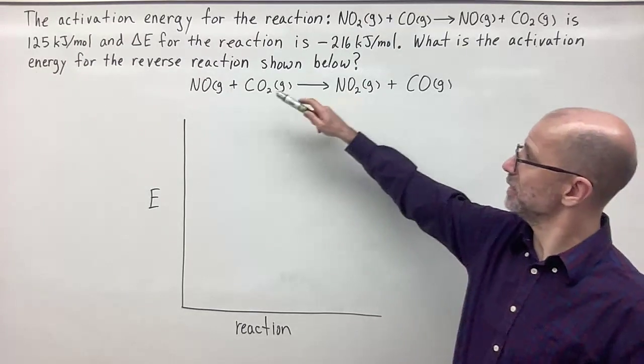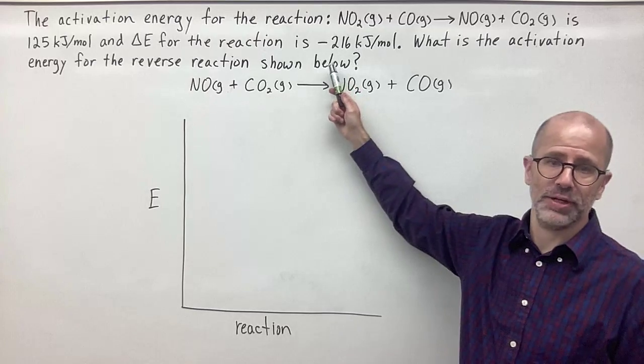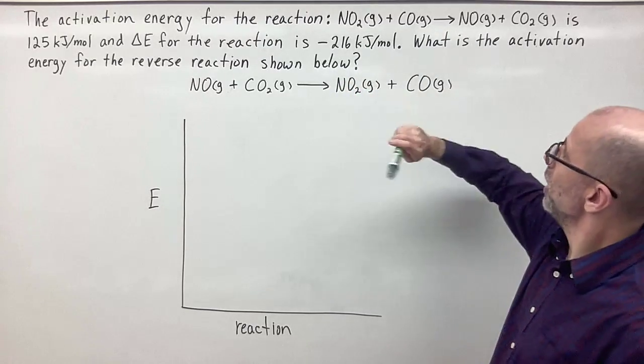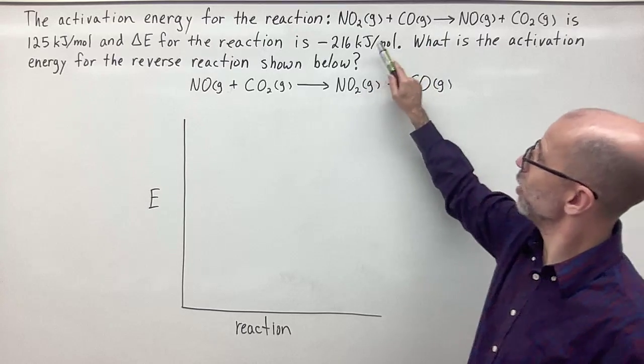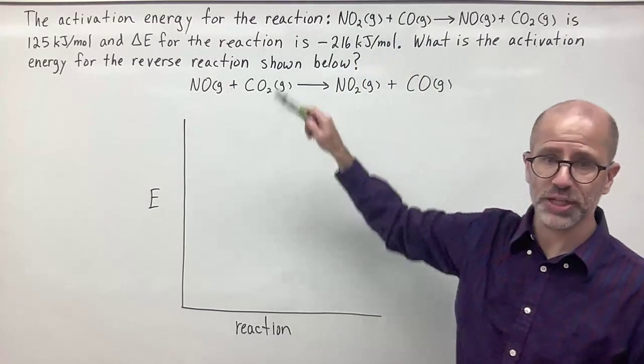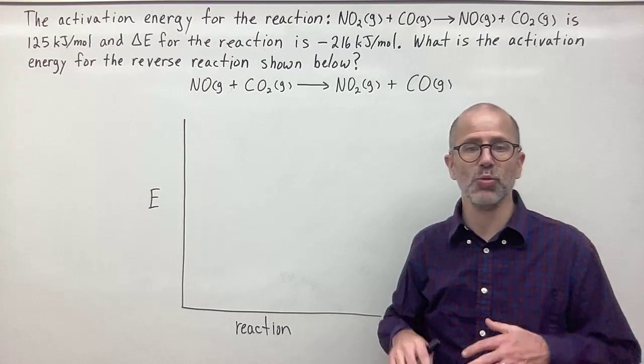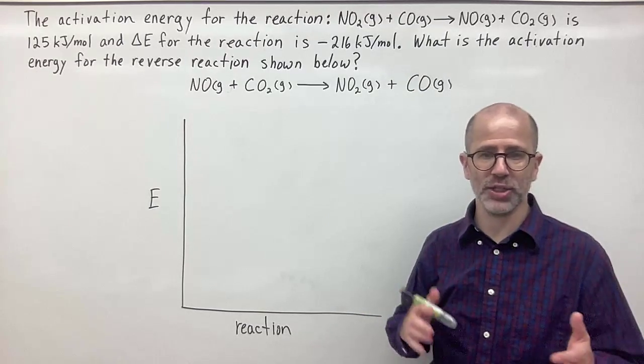So since the delta E is negative, that tells us that we have given off energy. Energy has been released. And so what does that tell us about the relative energy of products and reactants?